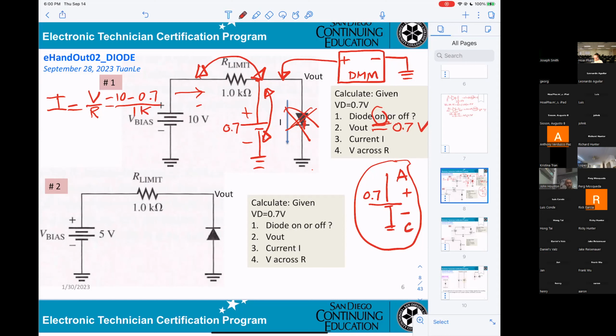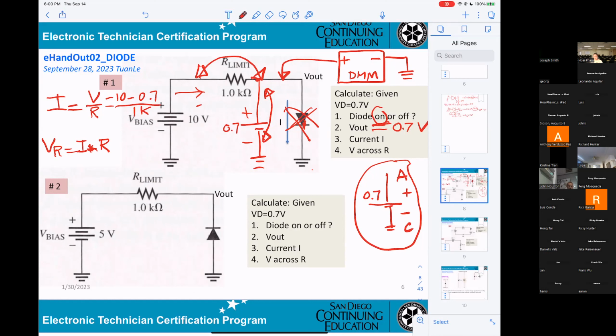And if you get V, you get R, you get I, then you can get VR.